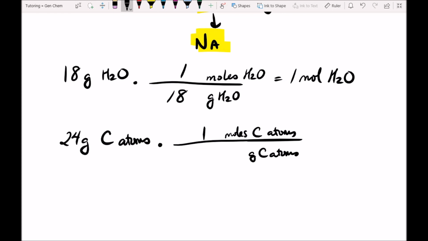We look at the periodic table at the relative atomic mass. We know that there are 12 grams of carbon atoms in 1 mole of carbon atoms, because what's shown on the periodic table is the mass in grams of an Avogadro's number, or 1 mole, of atoms of that element. So we know that 24 grams of carbon atoms is 2 moles of carbon atoms.